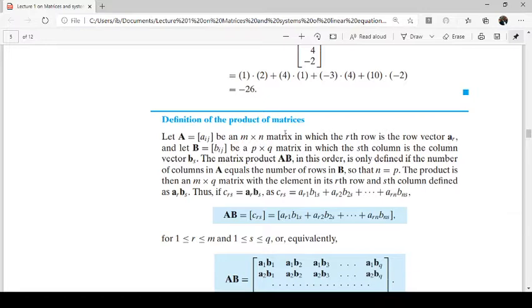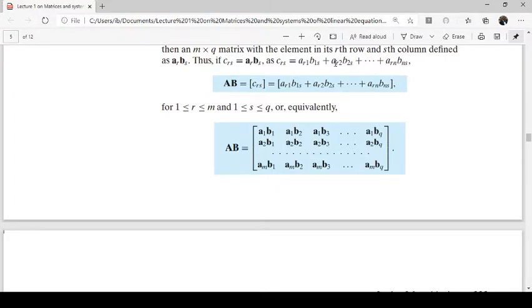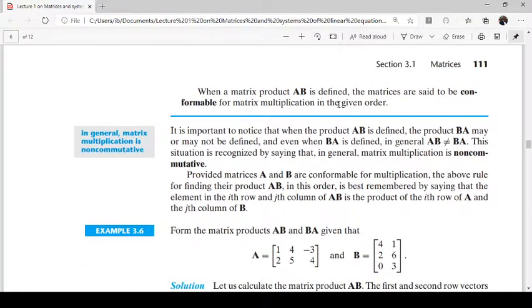Assuming you have matrix A, the same condition is satisfied: the product of matrices A and B is only defined if the number of columns in A is equal to the number of rows in B. When do you say the product of A and B is defined?